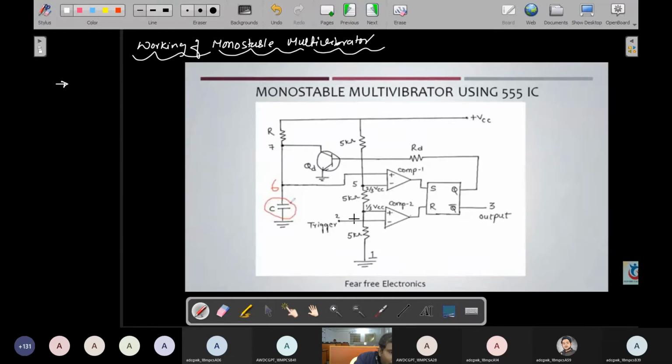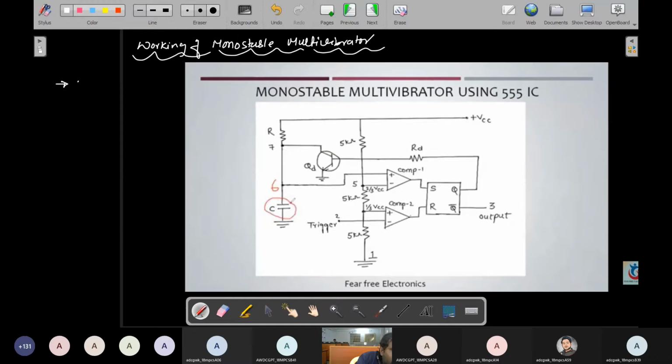To the inverting terminal we give the negative trigger pulse, that is pin 2. Why am I giving a negative triggering pulse? Because it is an inverting mode. If you apply a negative pulse, it is automatically converted into a positive one, because this terminal is connected with a negative sign. That is the reason I am applying a negative trigger pulse.